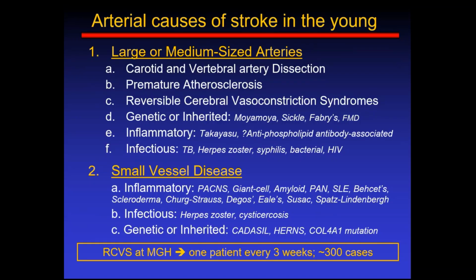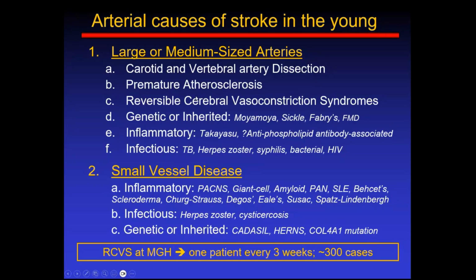But practically speaking, when you first see a patient, the question is: is the angiogram normal or abnormal? If the angiogram is abnormal, you think of large or medium-sized arteriopathies, and the most common ones are listed here. Dissection, of course, mainly in the neck, but it can be intracranial.